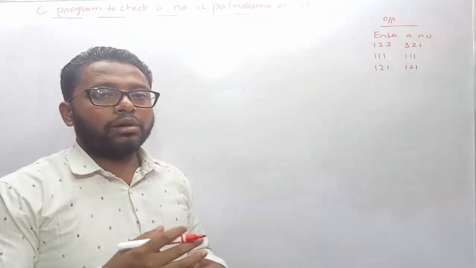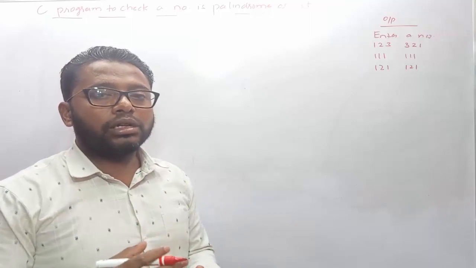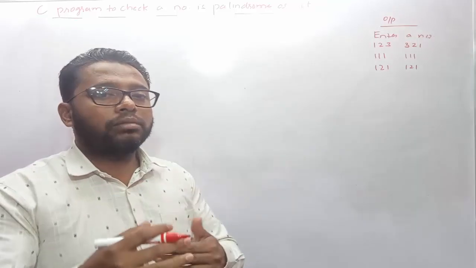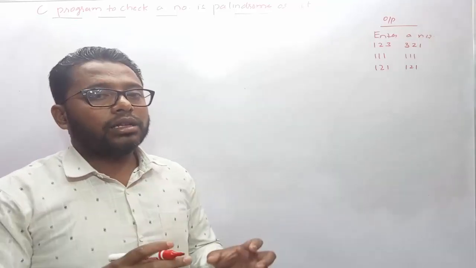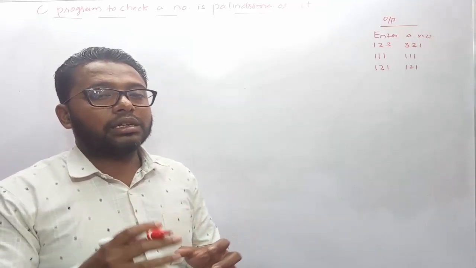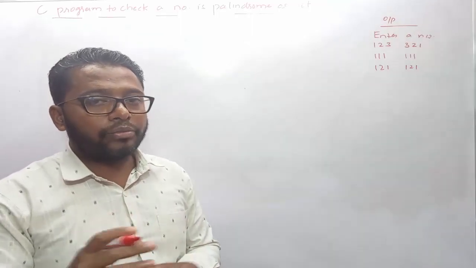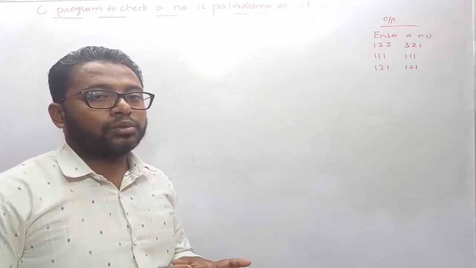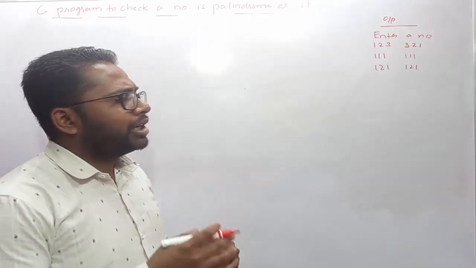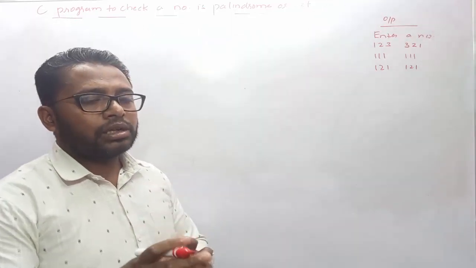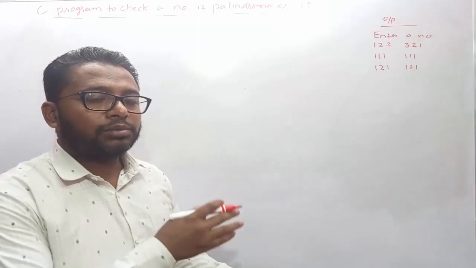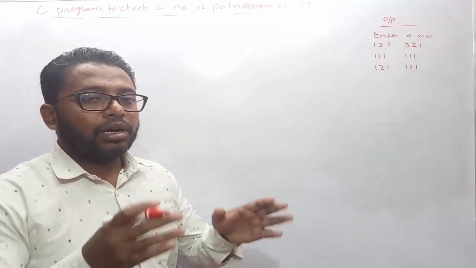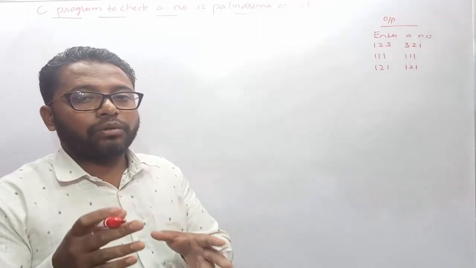So in our program, we need to take whatever number the user enters, perform some task, and then compare whether the entered number is a palindrome number or not. So how can we write this program? What should be the logic for this program? We need to apply a similar logic to the one we applied in our last program, where we discussed writing a C program to add each and every digit of a number.